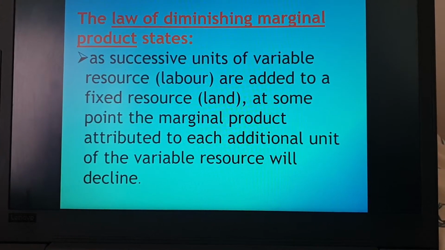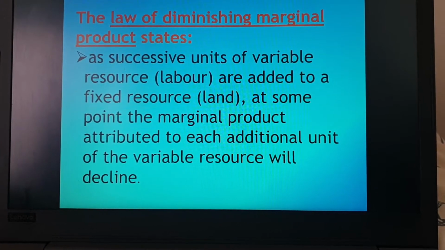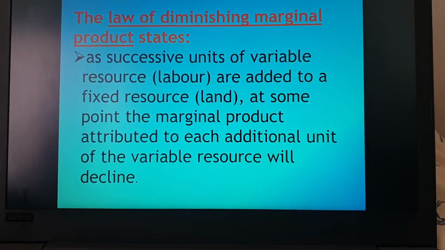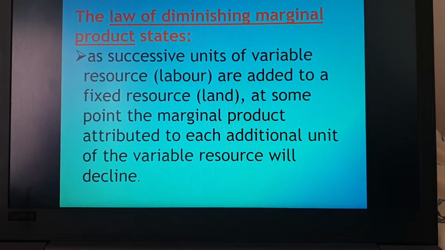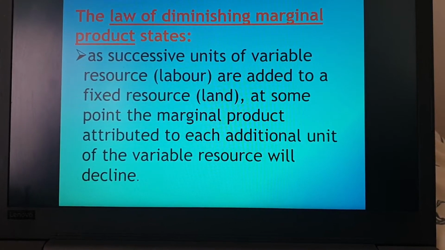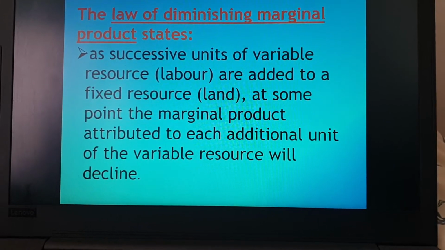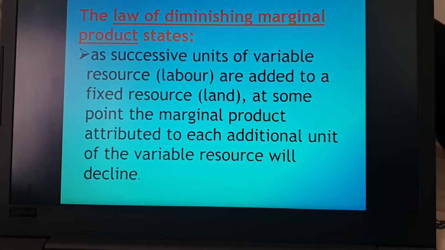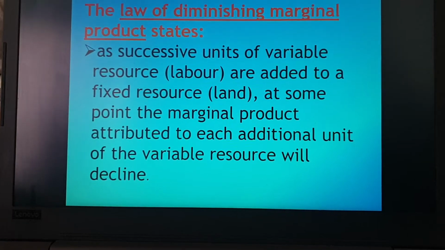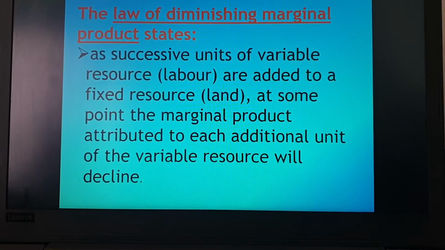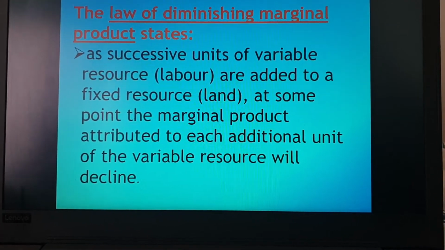The law of diminishing marginal product states that diminishing, remember, means to decrease. As successive units of variable resource, labor, are added to a fixed resource, land, at some point the marginal product attributed to each additional unit of the variable resource will start to decline.